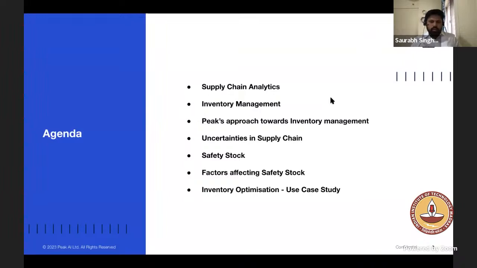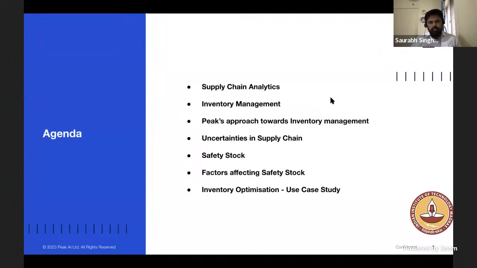Then we will go deeper into how we solve the inventory management problem using AI. What are the different factors that affect and make this inventory management challenging, and how we resolve those issues which involve uncertainties in supply chain, and what are the ways we can resolve those uncertainties by using safety stock.